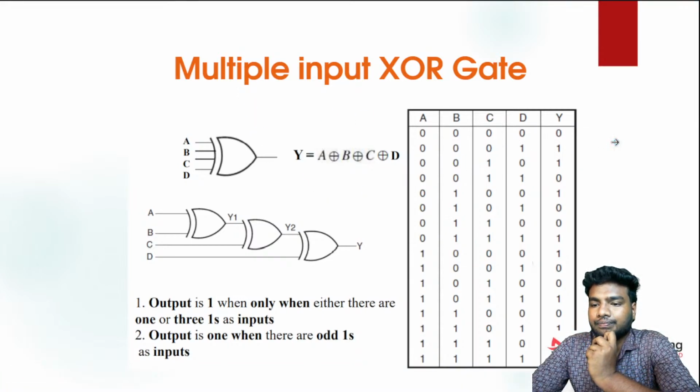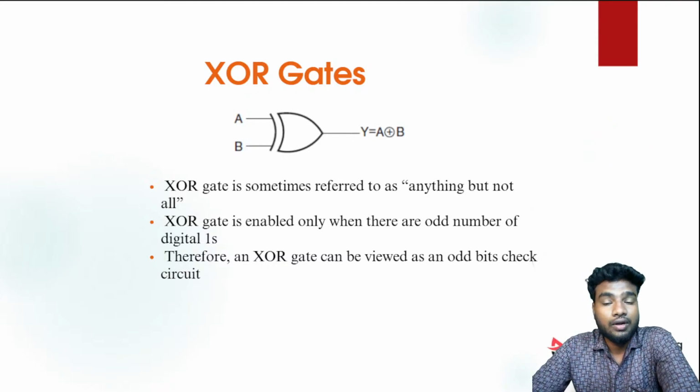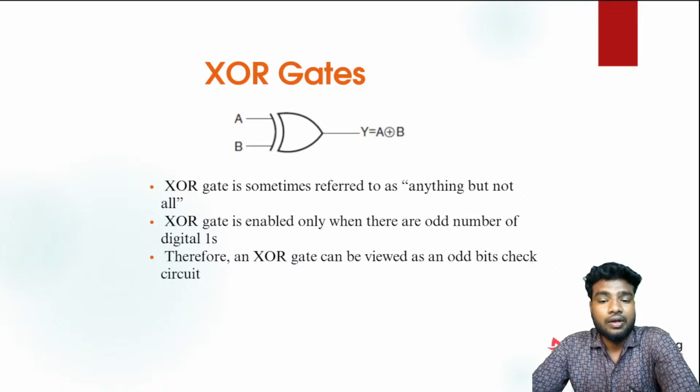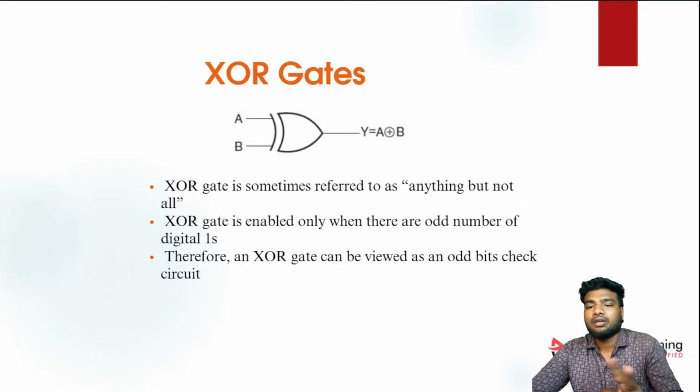So here is some information about the XOR gate. The XOR gate is something referred to as "anything but not all." The XOR gate is enabled only when there are odd numbers of digital ones. Odd numbers means 1, 3, 5 like that.